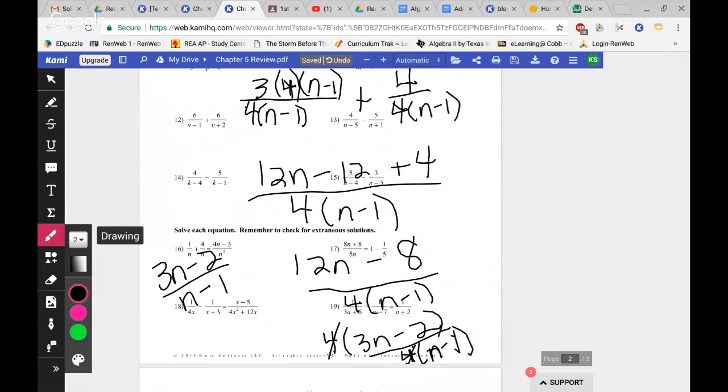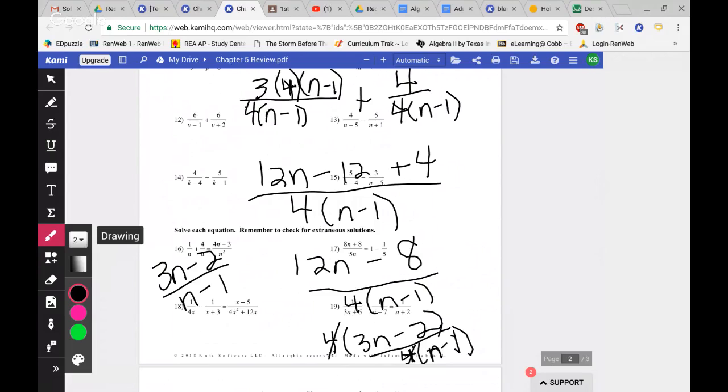I had a question about the ones prior to this, where you write the denominator twice for each fraction. Can you just use only one denominator, or do you have to write it twice? On number 13, for example, you wrote 4 times n plus 1 over n minus 5 times n plus 1, and minus 5 times n minus 5 over the denominator again.